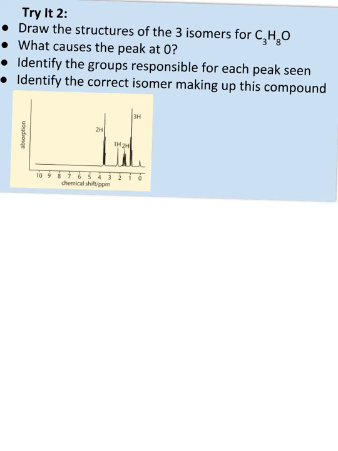On the second try, it says draw the structures of the 3 isomers for C3H8O. So I'll start with that before looking at the other questions. So if I have 3 carbons, I could have an OH group on the end and then 7 other hydrogens to make C3H8O for 1-propanol.